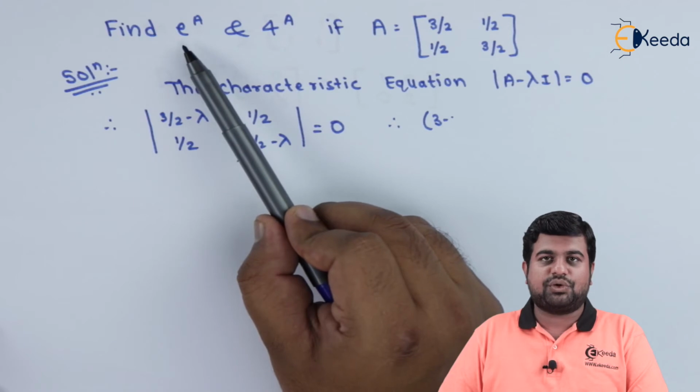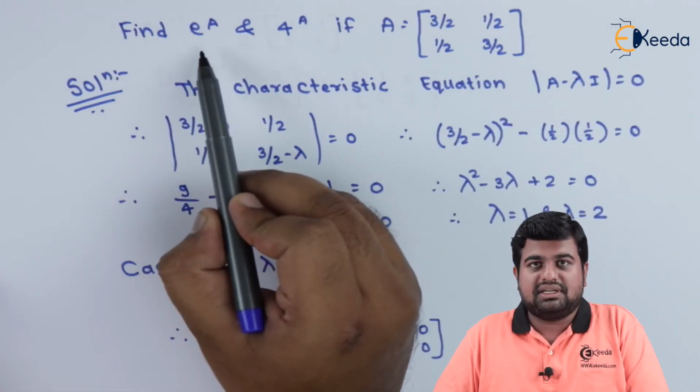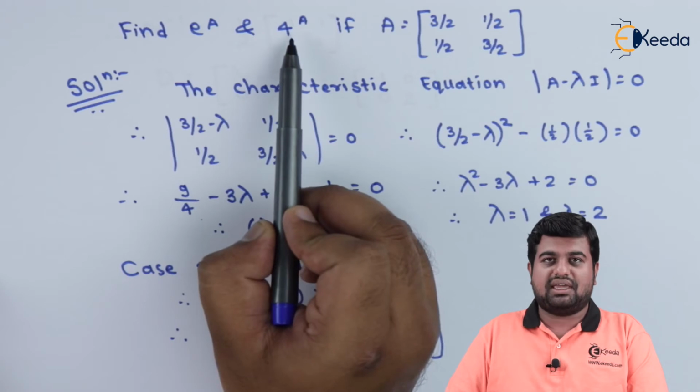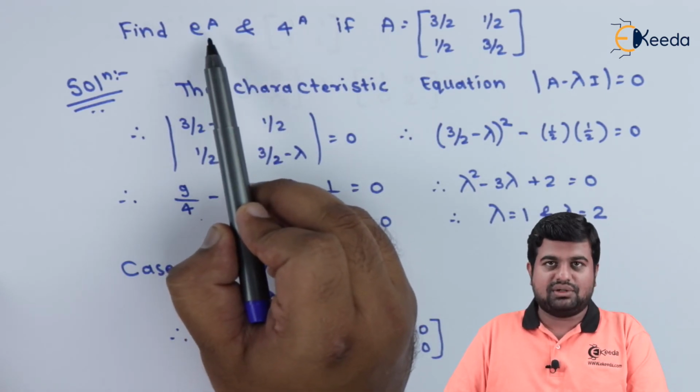First of all, I am going to calculate what is the e raised to A. So the same function will be applied on diagonal matrix. So function e raised to A first will calculate.